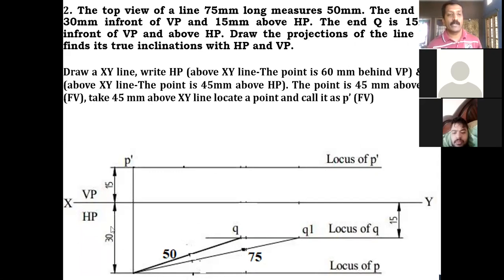Take 30 millimeter below the XY line, draw one more horizontal projector line. Call this the locus of P in the top view. Now from the same point P dash, you draw a vertical projector line down, and wherever it cuts the locus of P in the top view, you call this P. So this is the point P in the top view, correct?